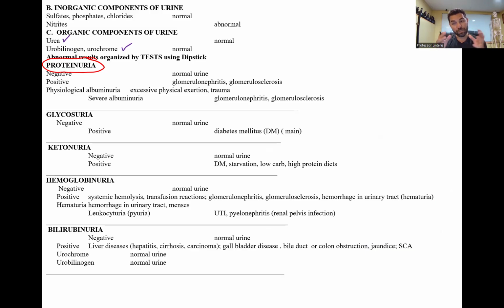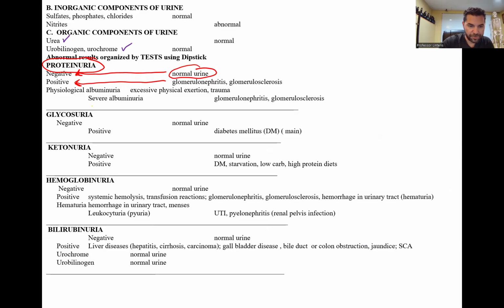Protein should be too big to pass through those capillaries, and thus normal urine would not have protein in it. If we did have protein in it, it could be an indicator of some of those listed conditions, right?